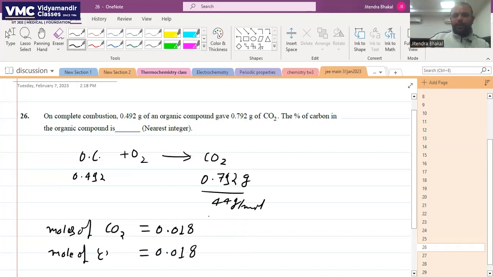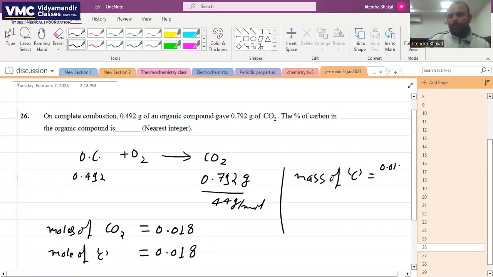So we can find the mass of carbon by multiplying it by molar mass of carbon. So mass of carbon is 0.018 into 12.